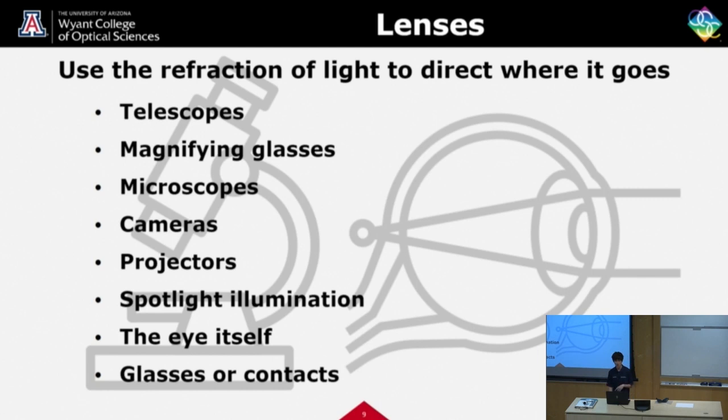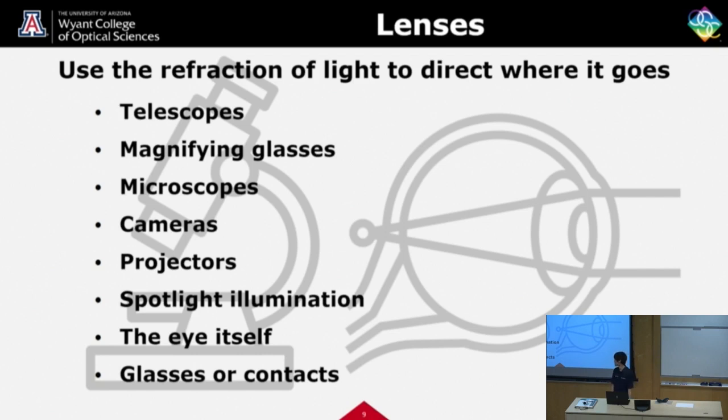It's the same kind of idea with magnifying glasses and microscopes, where you can take light from something very small, such as a cell, and redirect the light so that you can see what's going on with your eye. Cameras will use lenses to take light from a scene and direct it onto a sensor so that an image can be saved and viewed later.